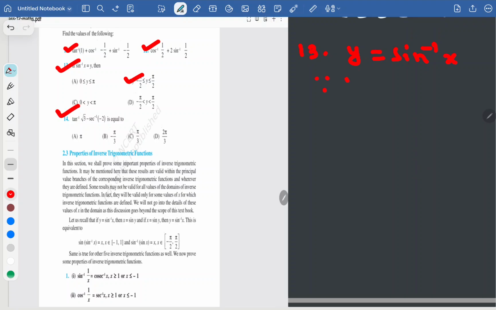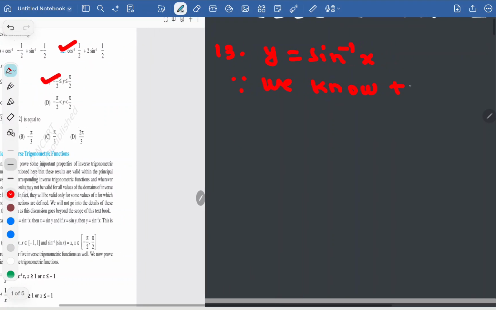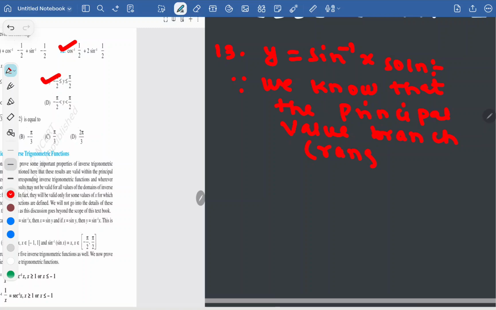We know that the principal value branch or range of sine inverse of x is closed minus pi by 2, comma pi by 2.